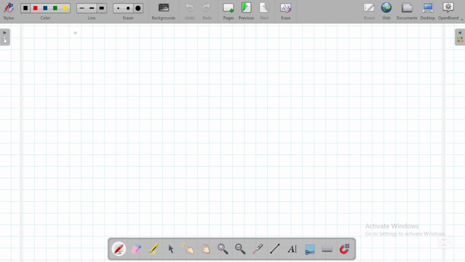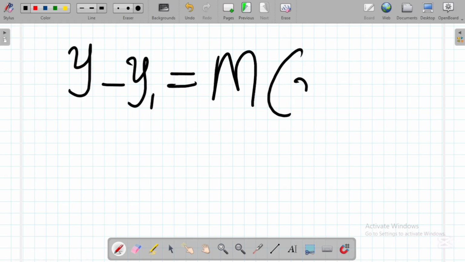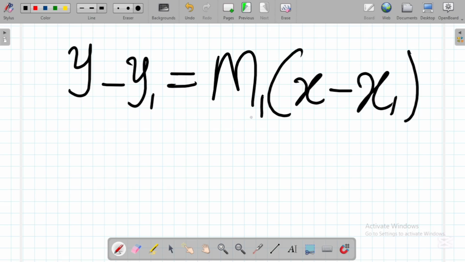Our final task is to find the equation of the normal. Remember, y minus y1 is equal to m open bracket x minus x1 close bracket. But in this context, m becomes m1 because of the equation of the normal.